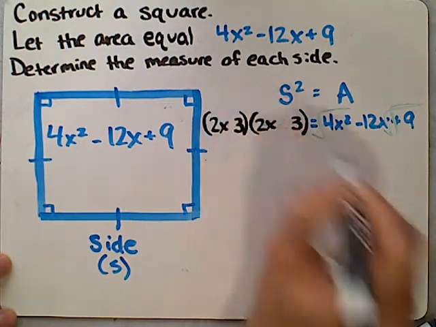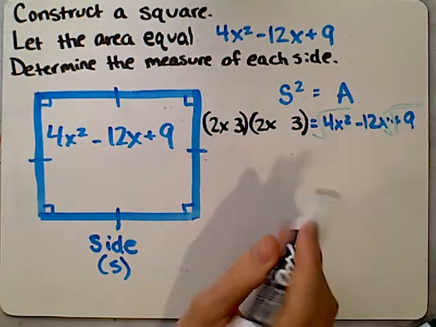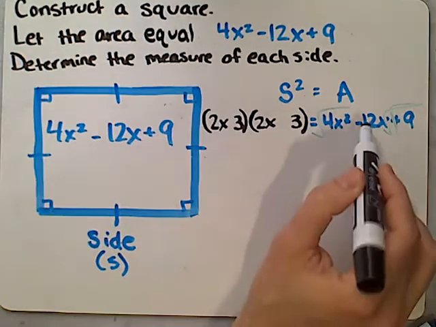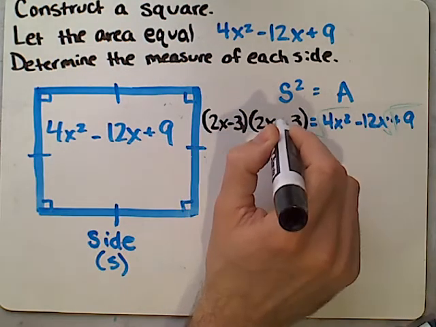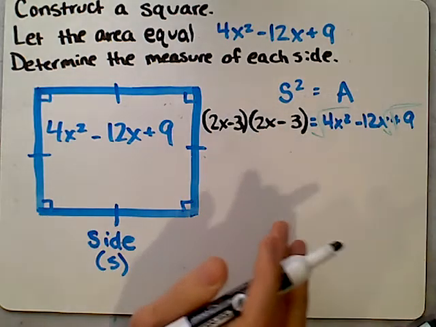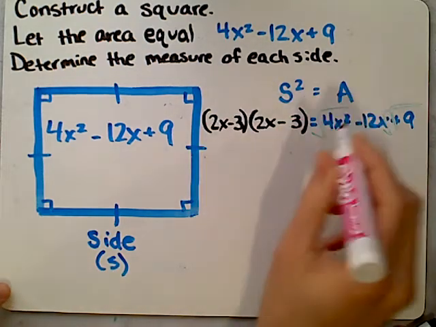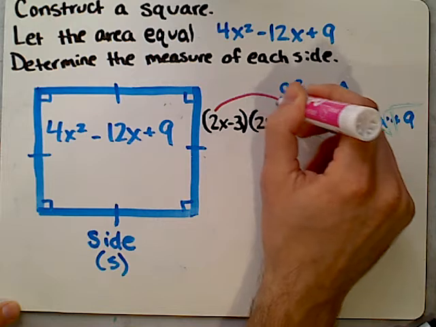So in setting this up, what we look to do is determine whether this is a positive or negative based on that middle term. We have a negative 12, so this is going to be a minus 3. And the way that we verify this works is we do sort of a modified FOIL method, where if we were to multiply these together, we would have 2x here times this negative 3.